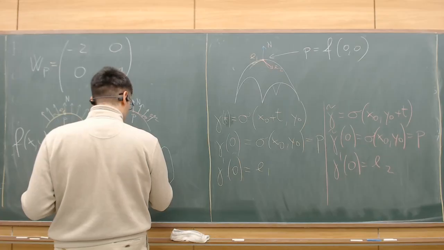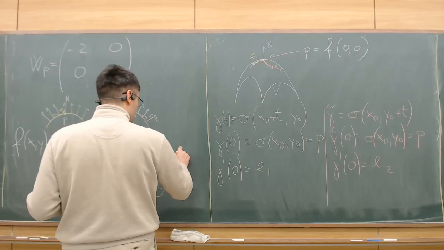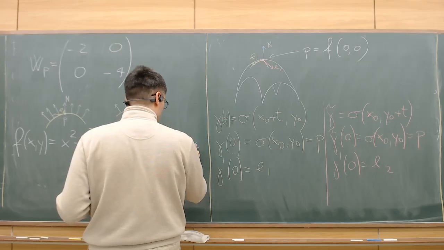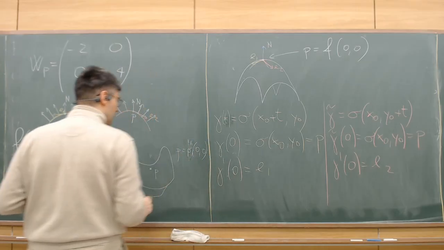And suppose that the point P is this one. P is sigma at 0, 0.